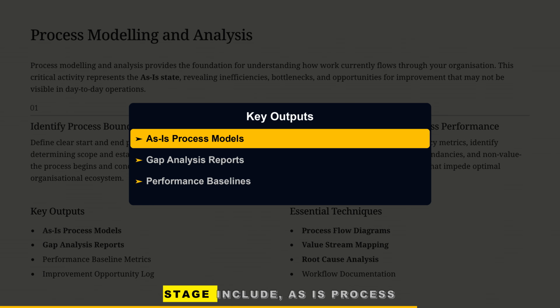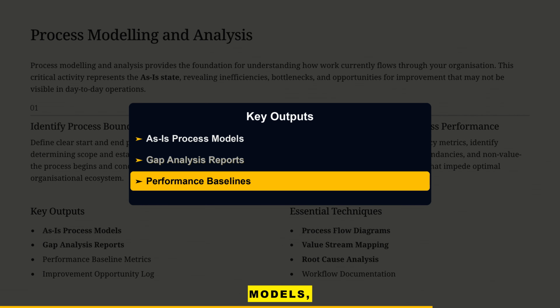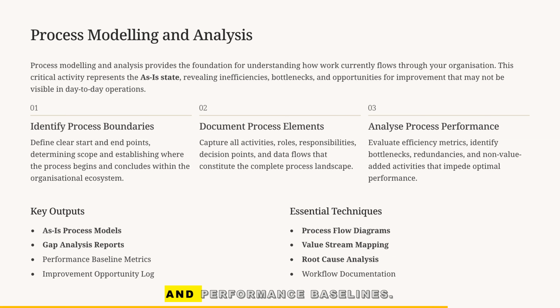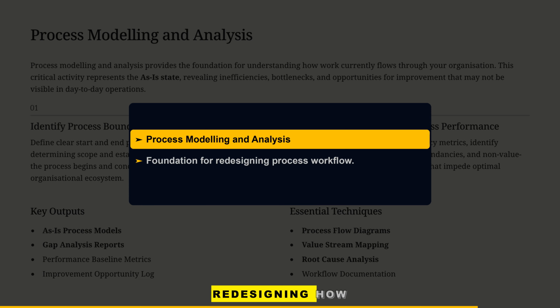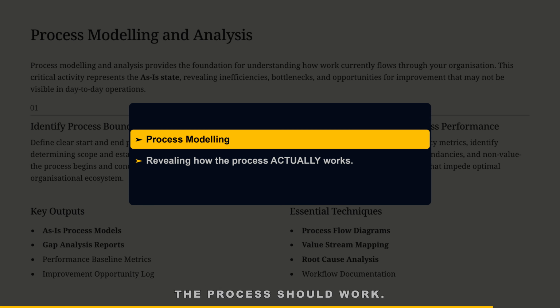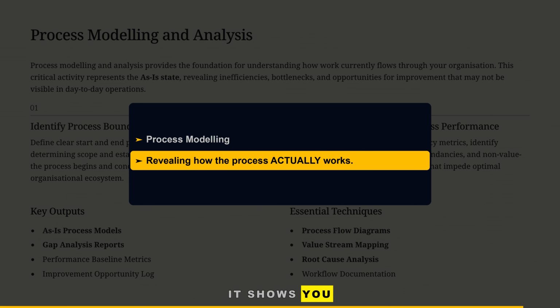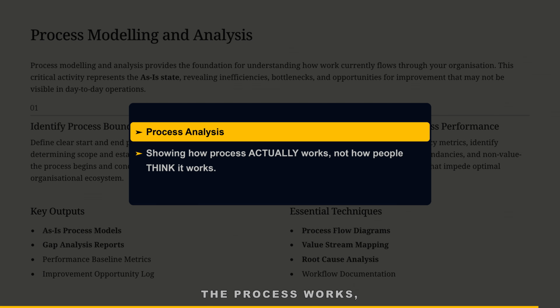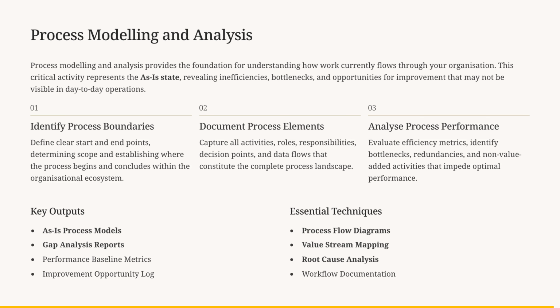The key outputs of this stage include as-is process models, gap analysis reports, and performance baselines. These become the foundation for redesigning how the process should work. In short, process modeling is about revealing the truth. It shows you not how people think the process works, but how it actually works.